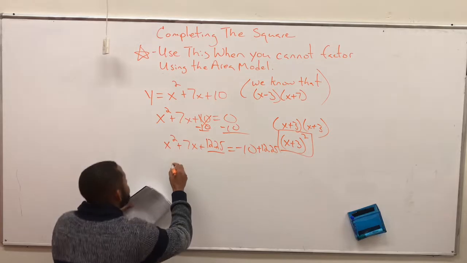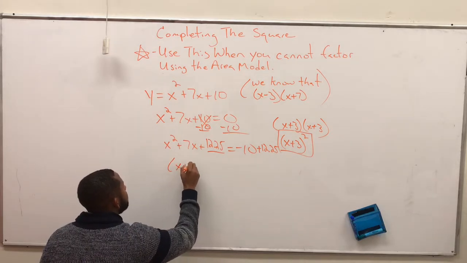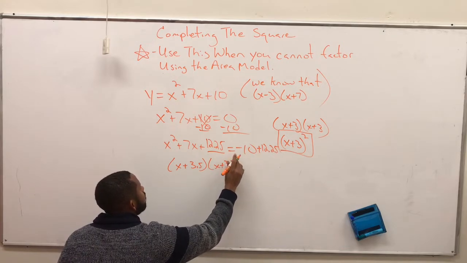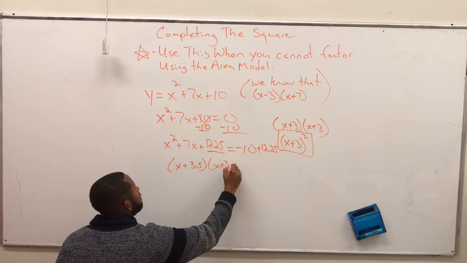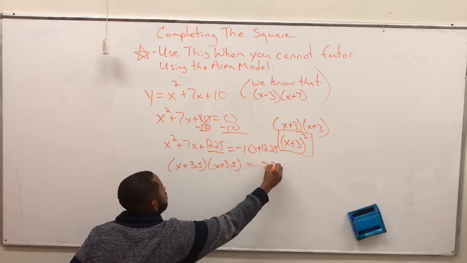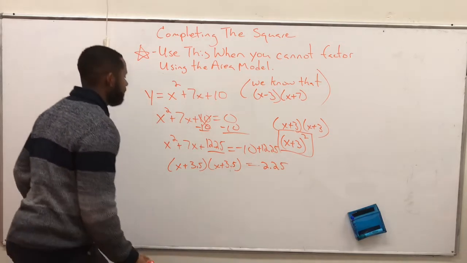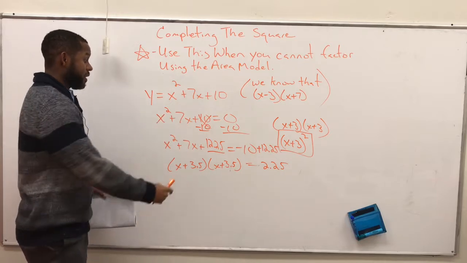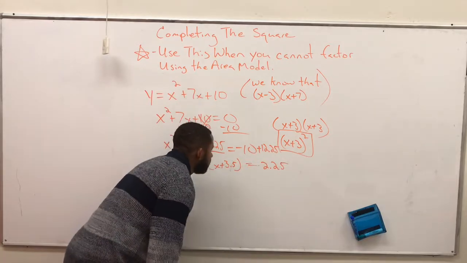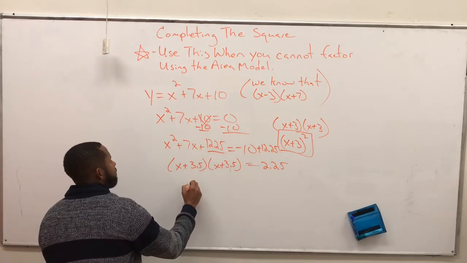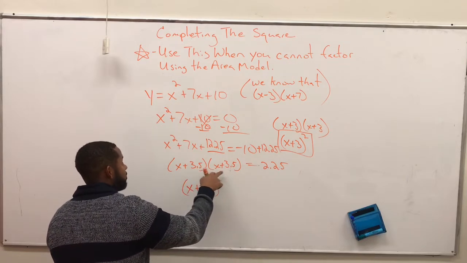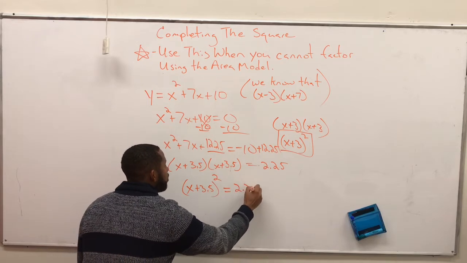So what you just saw is that my factors are x plus 3.5 times x plus 3.5, which should equal 12.25 minus 10, which is 2.25. The key about this is I can rewrite it as x plus 3.5 squared, because I have x plus 3.5 times itself, equals 2.25.